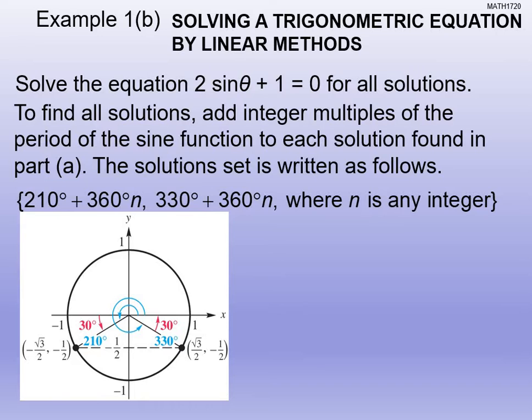So we're going to take 210 degrees, that's the first solution set, plus 360n. That covers every possible scenario. Same with the 330 plus 360 times n. That covers every scenario for that version. Because it's a circular function, it's going to keep going around and around, so we will have an infinite number of solutions there.